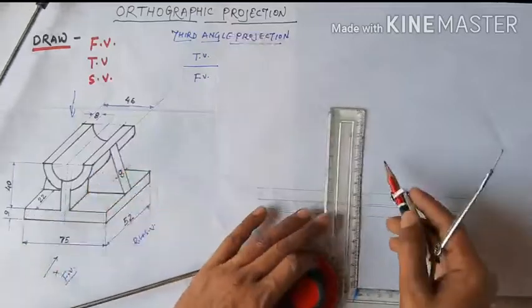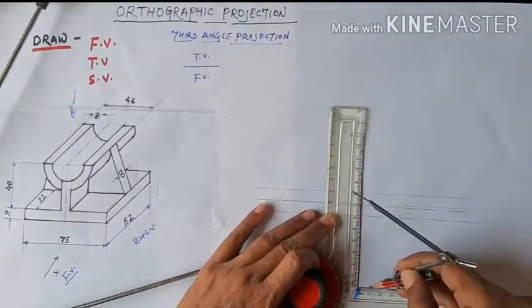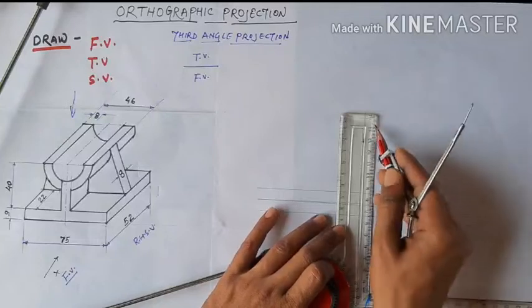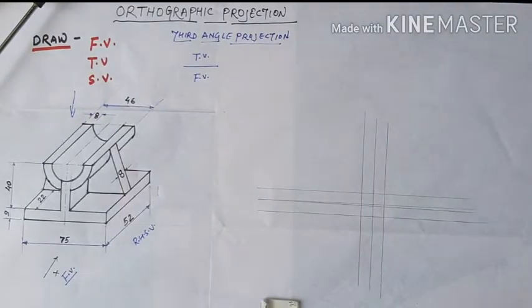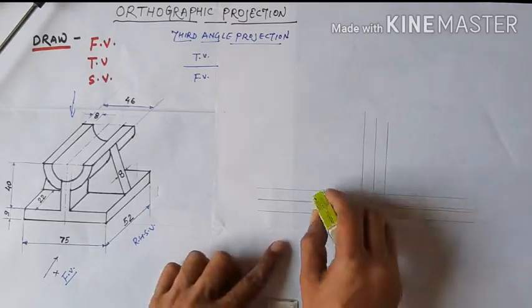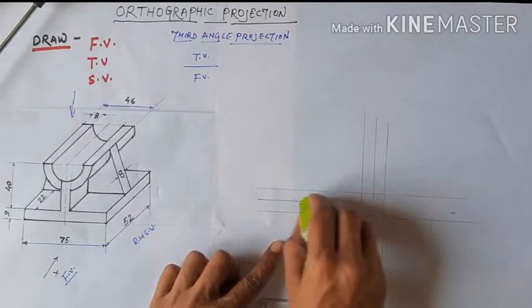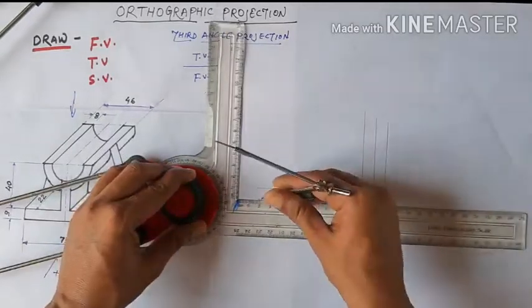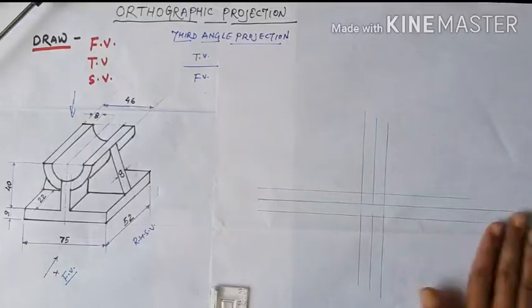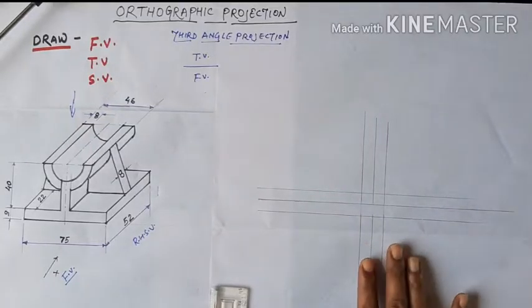Now above, we again draw 1, 2, and 3 lines with a gap of 1 centimeter. It looks like this, and we need to erase some extra lines so nothing overlaps anywhere. This is a very simple method.